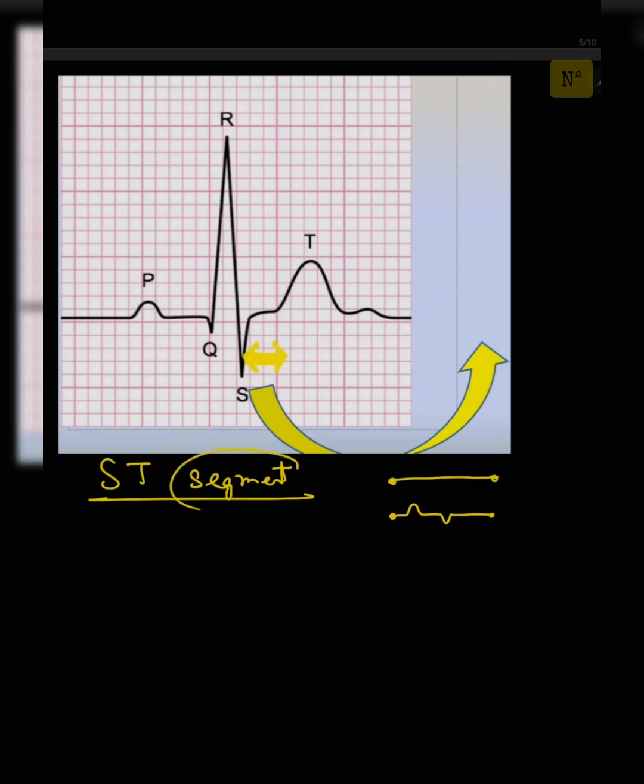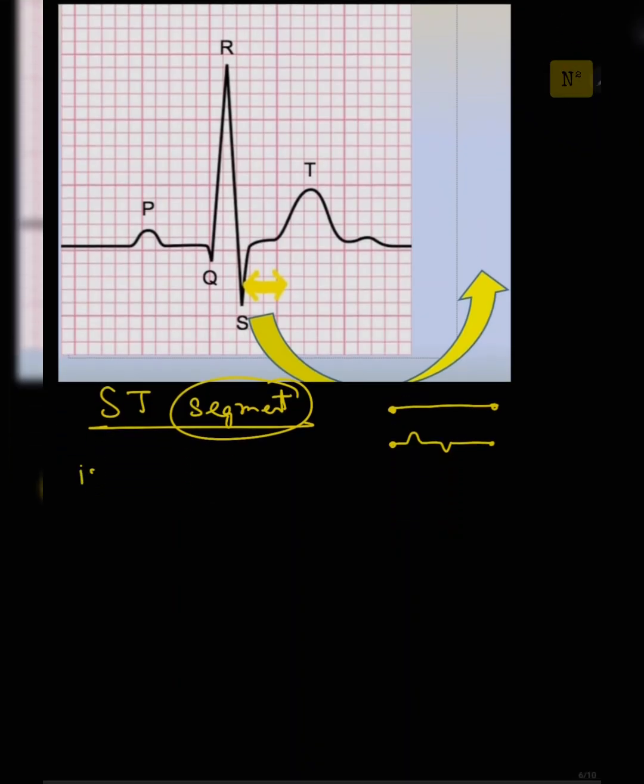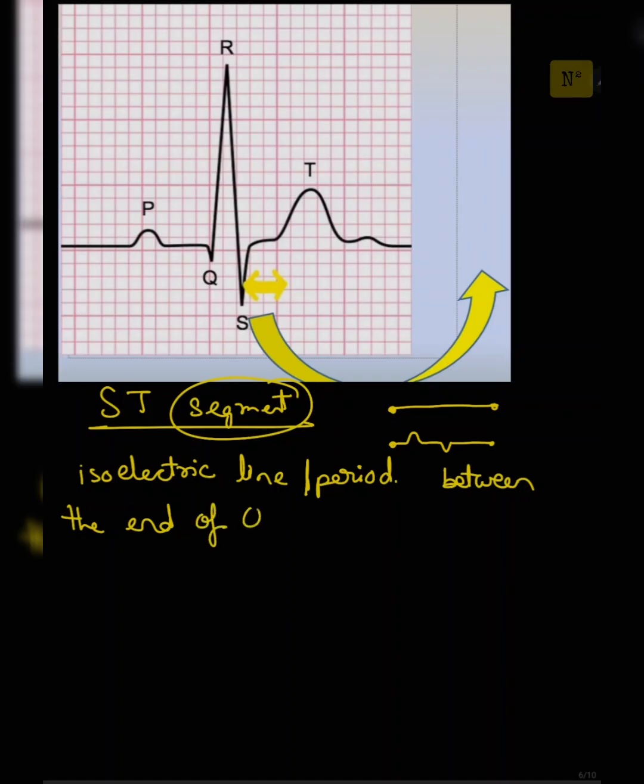Since this is a segment, it has to be a straight isoelectric line or period between the end of the QRS complex and the beginning of the T wave.